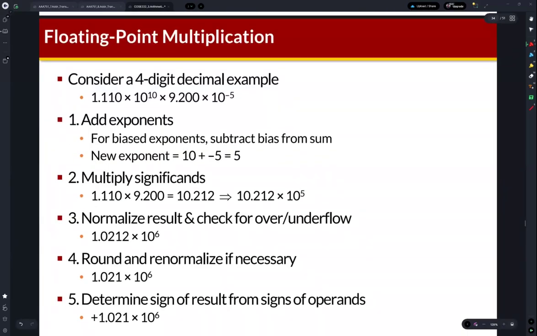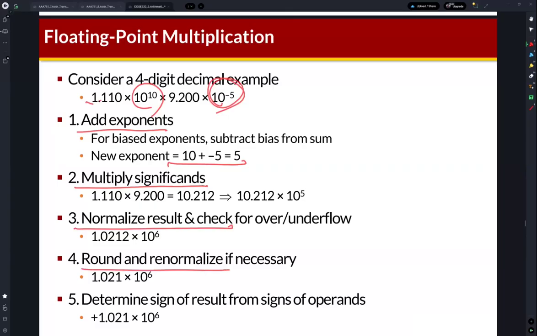Next, floating point multiplication. For the decimal number, for the multiplication, we just add the exponents, and then multiply the significands, normalize the result, and then round or renormalize if necessary.